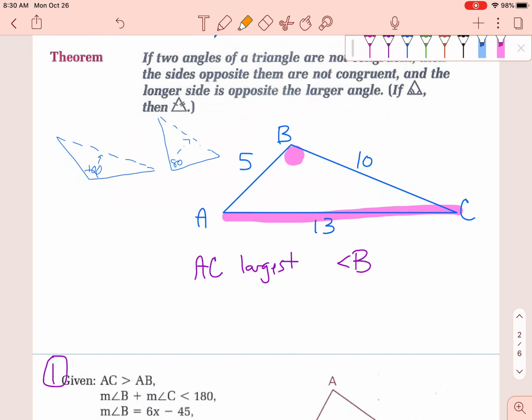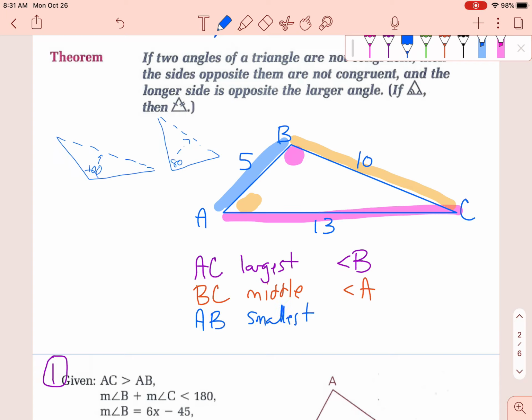My next largest side is BC, and the angle that is creating BC is angle A. Because BC is in the middle, angle A has to be in the middle. I don't know exactly how big it is, but I do know that it would be in the middle. And if AB is the smallest, I know that the angle opposite AB, which is angle C, is also the smallest.